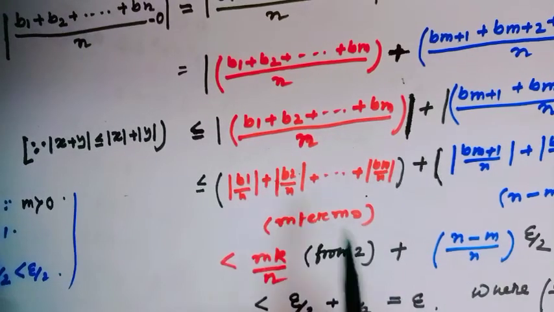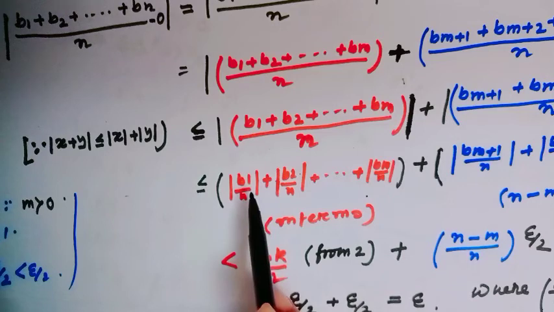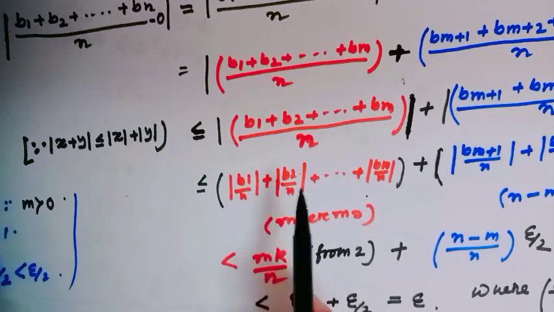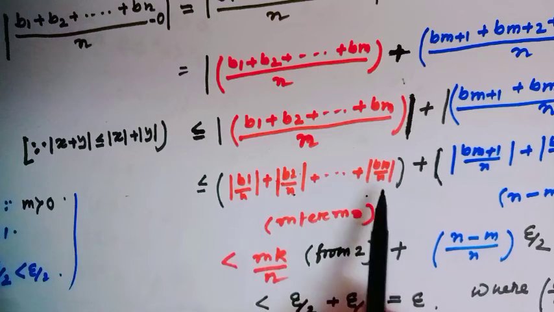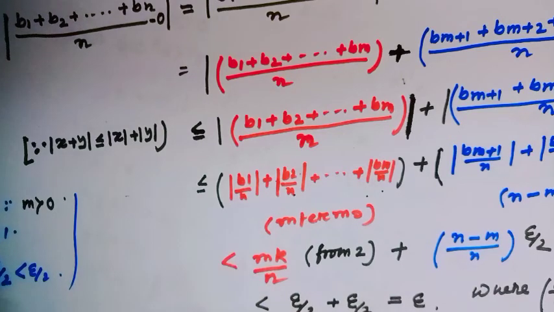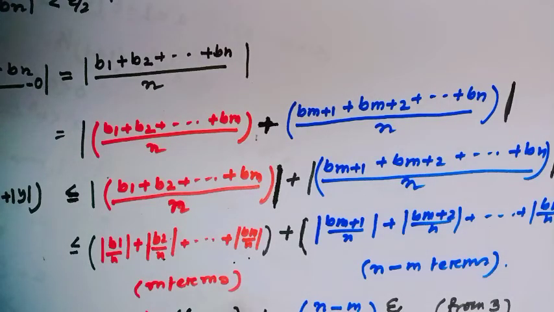That means since here there are m terms, each bi is less than k, so this is mk, and over n, so this is less than mk over n. Here there are m terms and here n minus m terms.